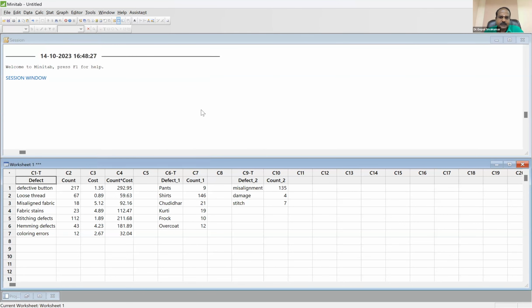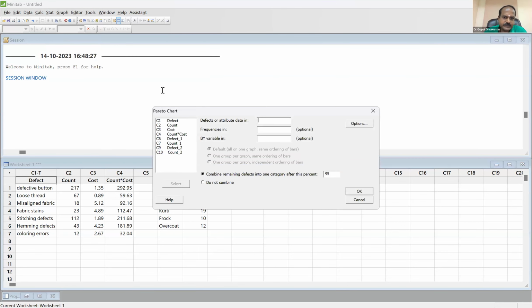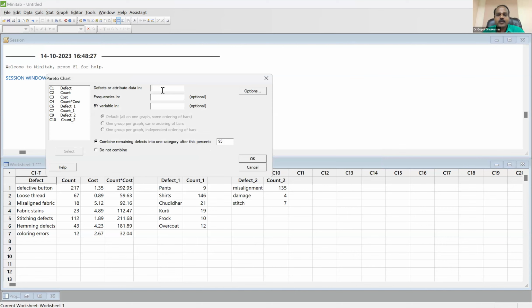I click this. Now this window is coming. This is asking me, what are all the defects happening? Where do I have the defects information? Column number 1. So I click that column number 1 and select. Now frequency, where is the frequency of the defects available? Column number 2, I click and then select. Now I give OK.